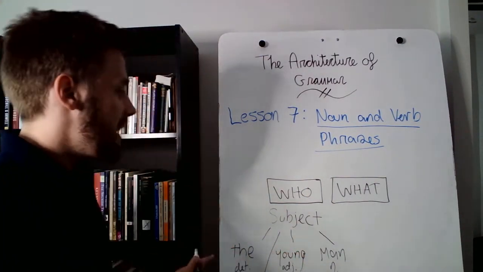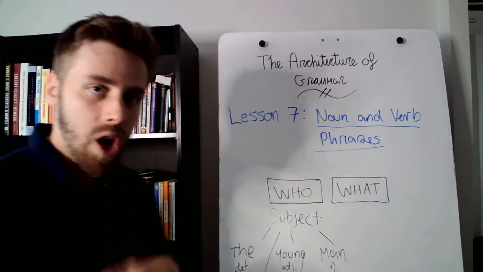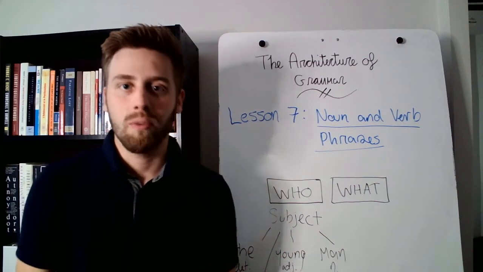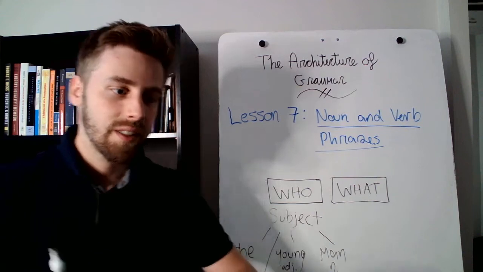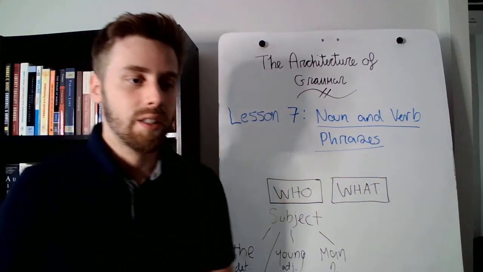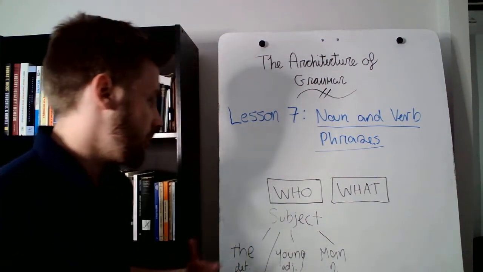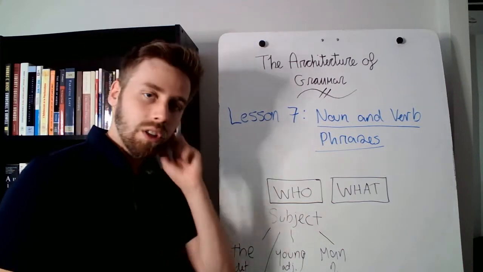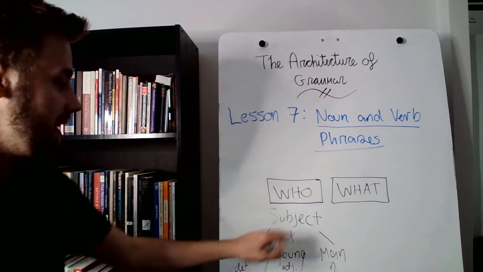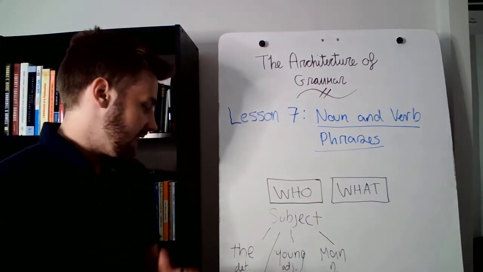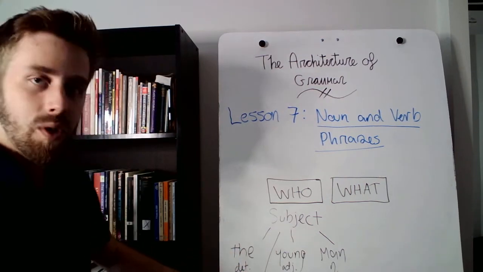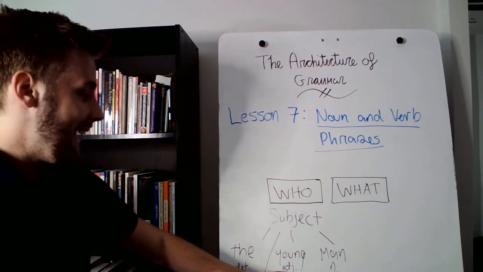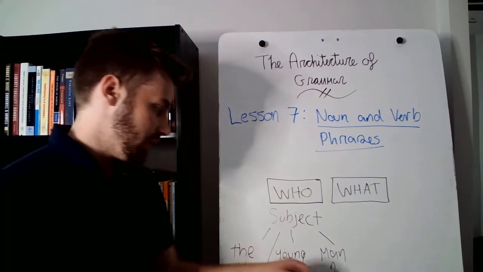So here we've created a noun phrase, and the noun phrase gives more information about the subject. It's a bigger subject, so to say, than if it were just the man or Léandre. In this case we have the extremely young man: there's a determiner, there's an adverb, there's an adjective, and then there's a noun.